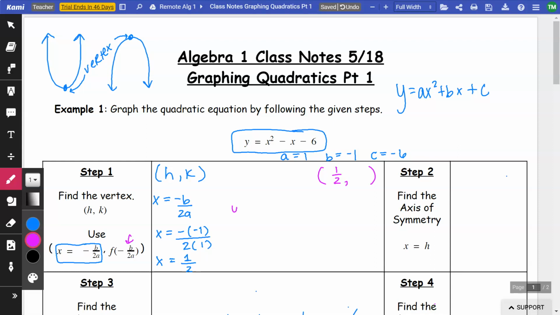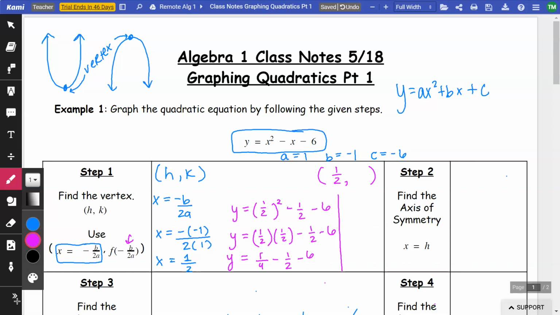So we would have y is equal to 1/2 squared minus 1/2 minus 6. 1/2 squared really just means 1/2 times 1/2, minus 1/2 minus 6. So y is equal to 1/4. 1 times 1 is 1, 2 times 2 is 4, minus 1/2 minus 6.